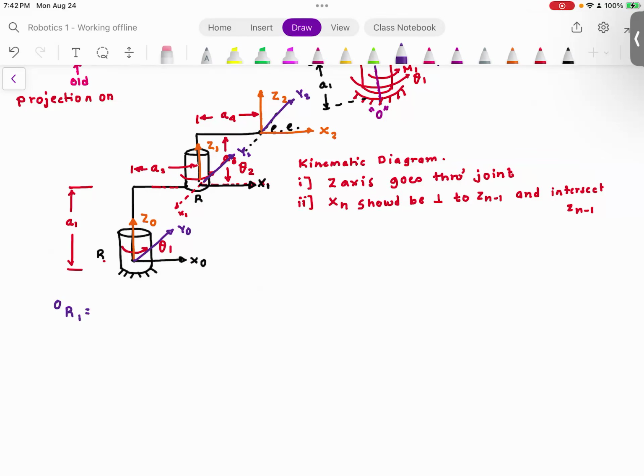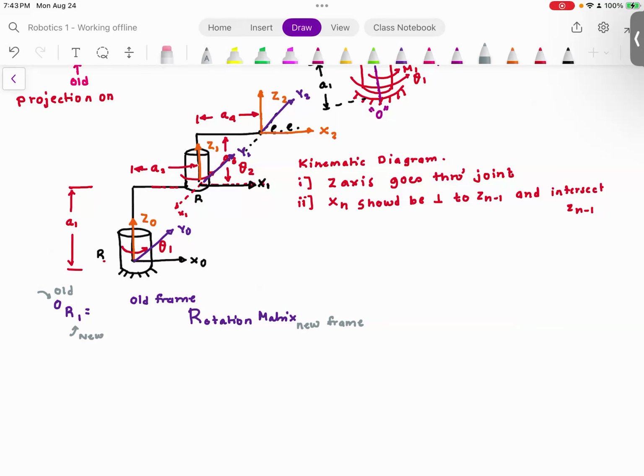This is the old frame, R stands for rotation matrix, and this is the new frame.